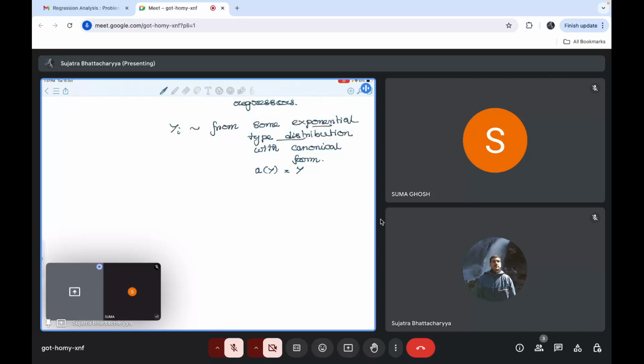So for that, you can write your joint PDF, meaning joint PDF with x and y and all the parameters theta and so on. So you can write y given x1, x2, and so on up to xp, and finally theta and phi.